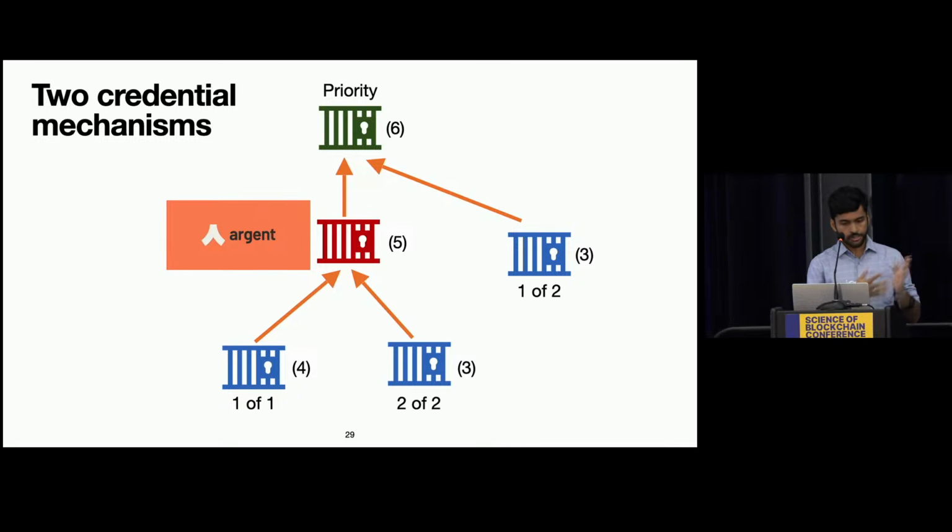So we find that Argent's mechanism sits somewhere in between our priority mechanism and these simple non-interactive mechanisms. I won't go into the details of our analysis in the interest of time, because the mechanisms of Argent are fairly complicated. But feel free to check out the paper if you're interested.